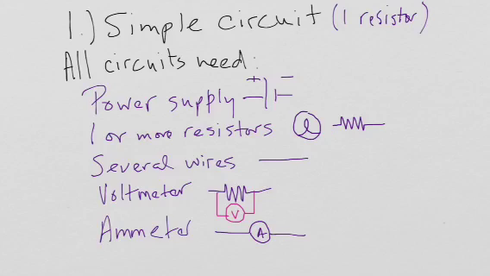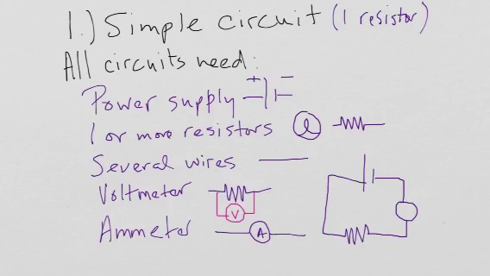First and foremost, we'll start off with our power supply. And that wire will actually go out of the power supply. And I'm going to put my ammeter here. Notice how I'm keeping the same color scheme, because the ammeter is part of the circle of friends.